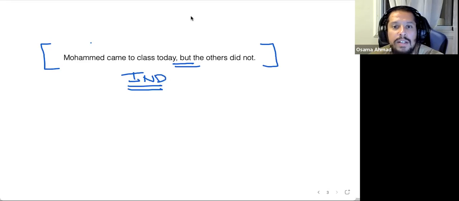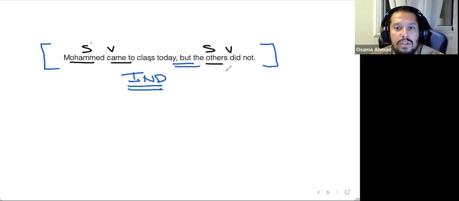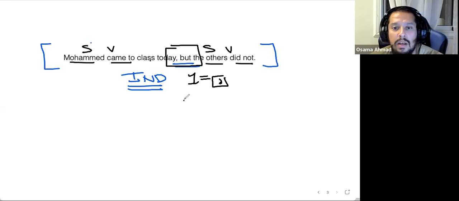So where is the independent idea here? Well, Muhammad came to class. We have our subject and verb, a complete idea. The others did not. We have our subject and verb, an independent idea. This makes a difference with punctuation, because if we have one independent idea, we use a comma. If we have two, we use a semicolon, period, or comma fanboys.